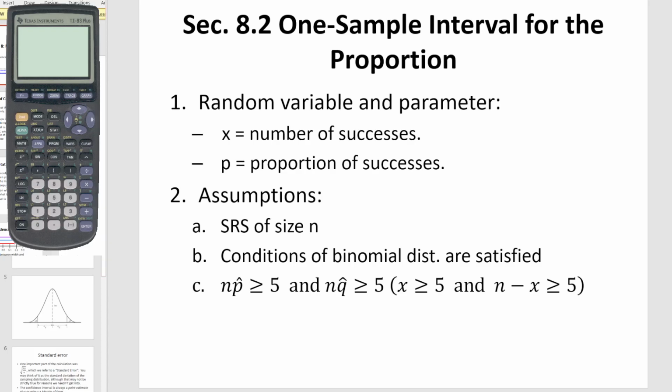This video is going to be on section 8.2 on one sample intervals for the proportions. So we're going to run through the entire step-by-step process here on calculating a confidence interval for one population proportion.